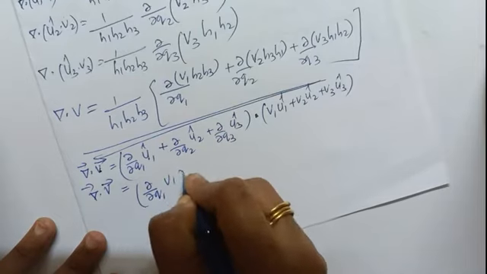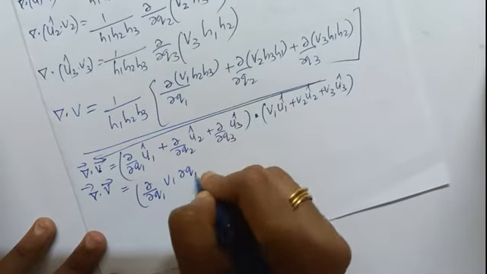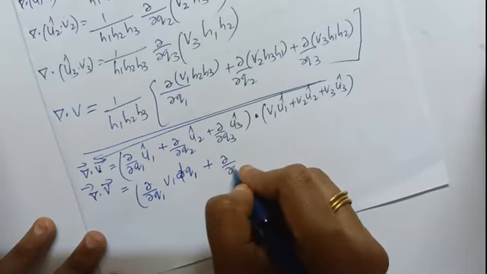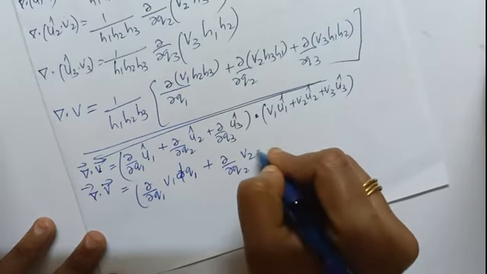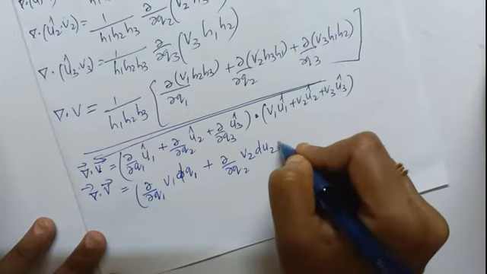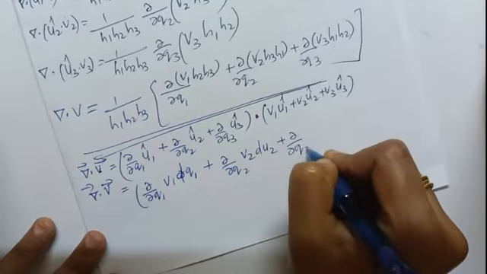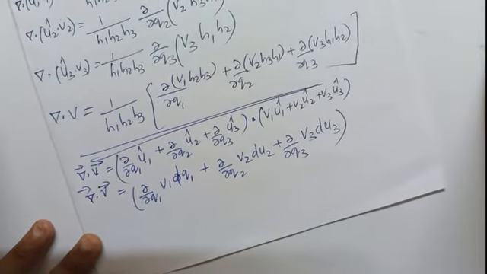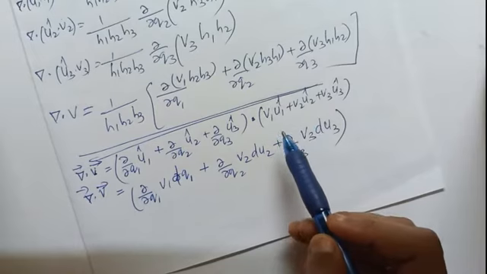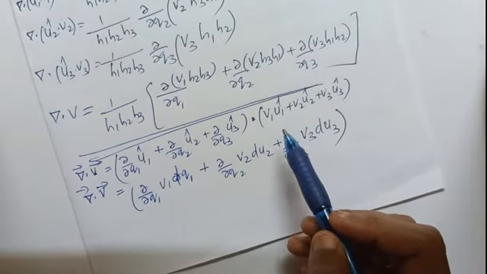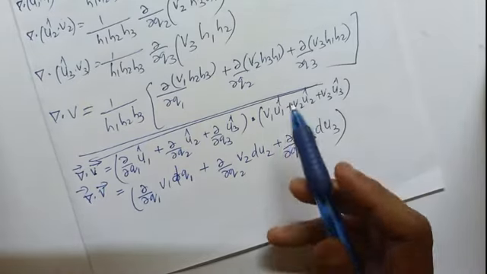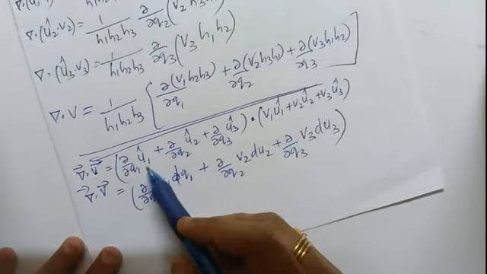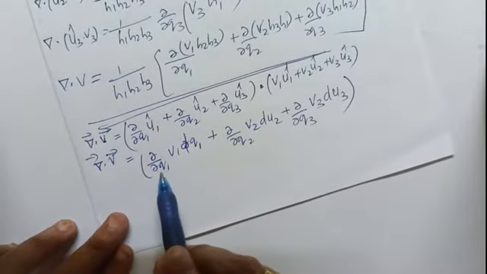So V1 ∂/∂q1 dq1 plus ∂/∂q2 V2 dq2 plus ∂/∂q3 V3 dq3. We know why: u1 dot u1 is 1, but u1 dot u2 or u1 dot u3 and all give 0. So all other components vanish and we get this.